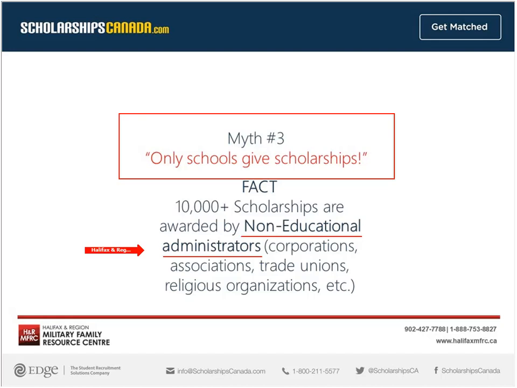It may be a scholarship provided by a trade union or an association, or a religious organization or the Canadian military. And some of them will be very under-applied for, so the competition may not be quite as stiff, and you have a good chance of winning them. So they're very important to consider when you're looking at the scholarship portfolio and winning some scholarships.